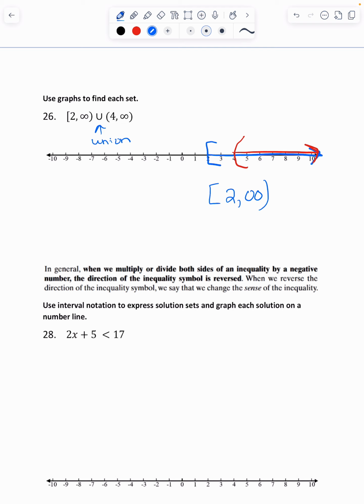If you ever multiply or divide both sides by a negative, then the direction of that inequality symbol must be reversed. When you reverse the direction of the inequality symbol, we say that we have changed the sense of the inequality. So as we're solving these inequalities, our solution set is going to be a little bit different than when they were equations.